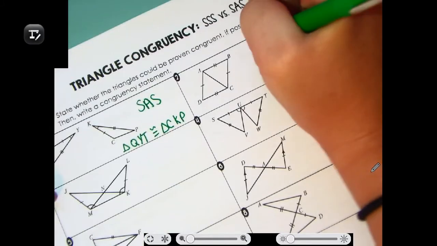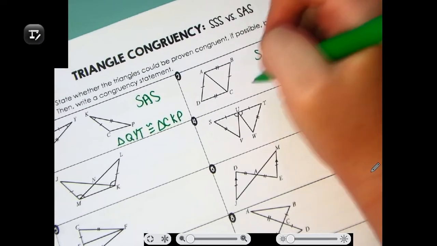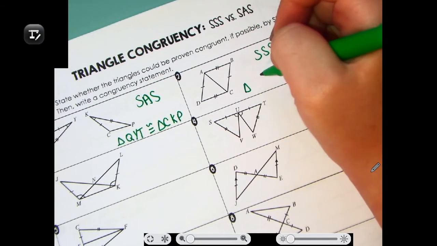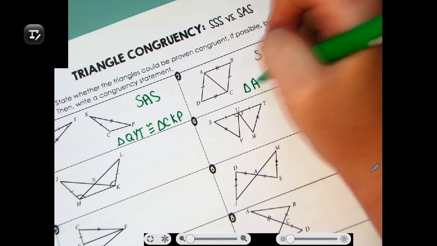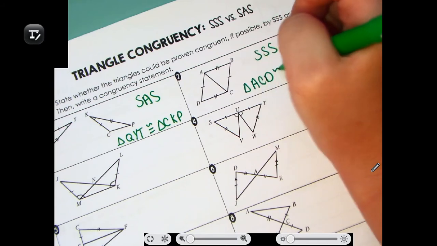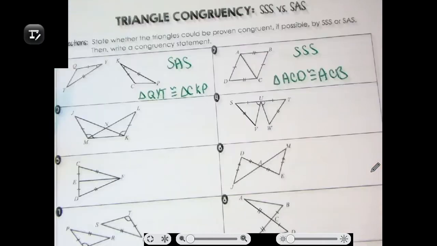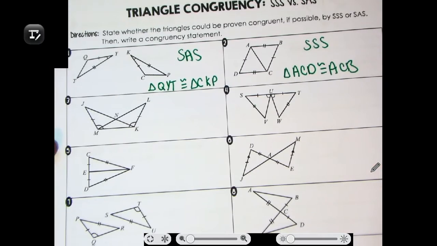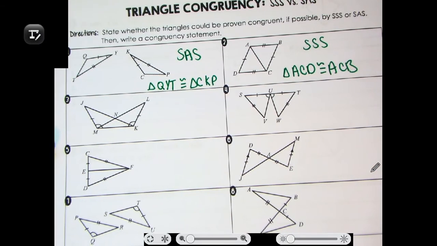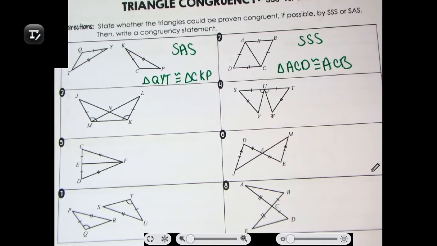So I could say, yes, these are congruent by side, side, side. And my congruency statement would be triangle ACD is congruent to triangle ACB.